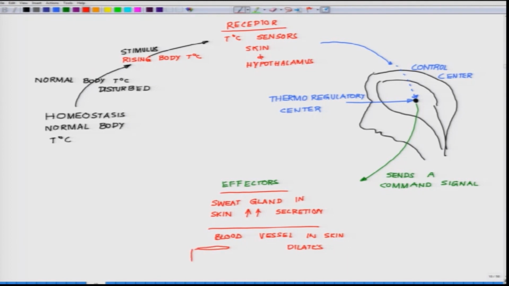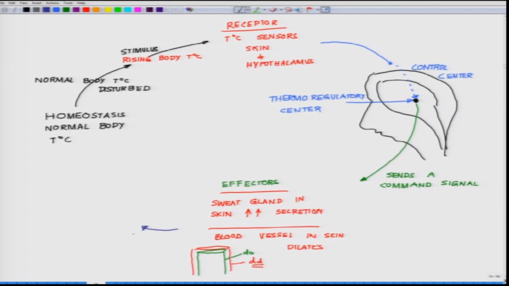Dilation means there is an increase in the diameter of the blood vessels. Just suppose this is the original diameter in green, this is DO, and this red color is showing DD, the dilated diameter.